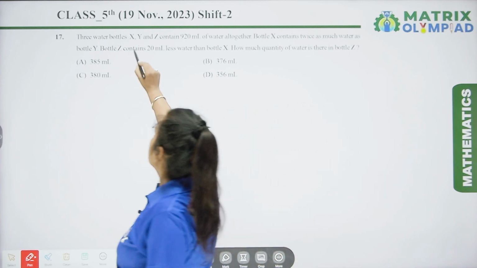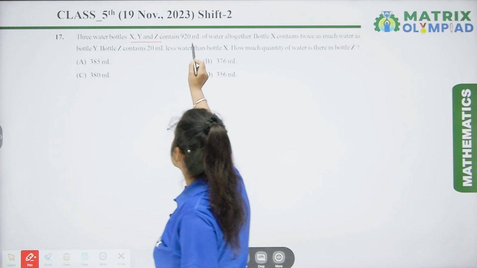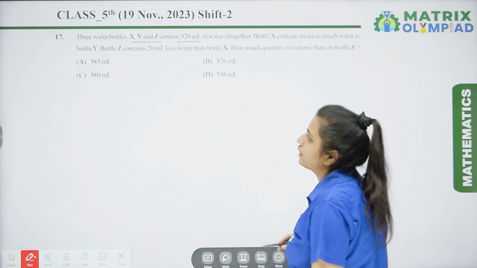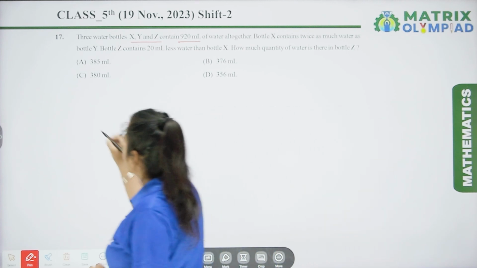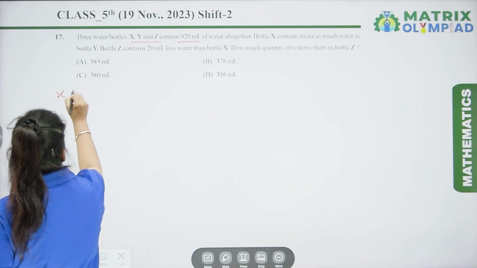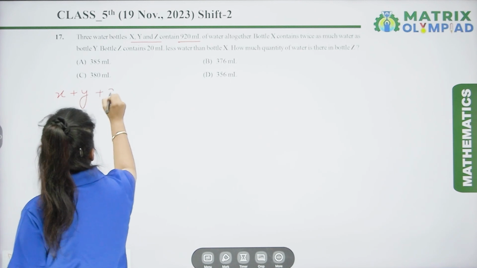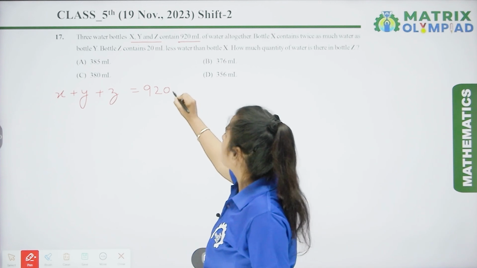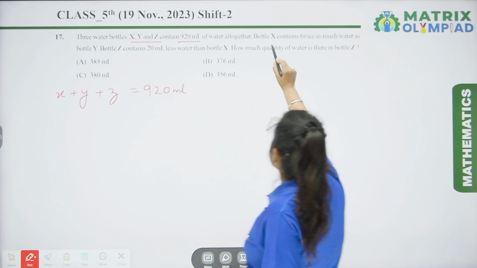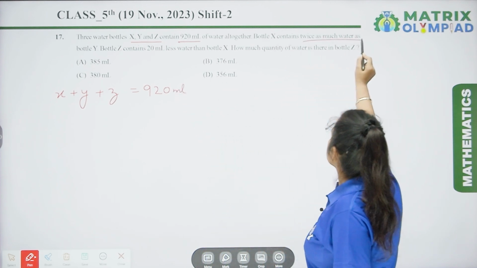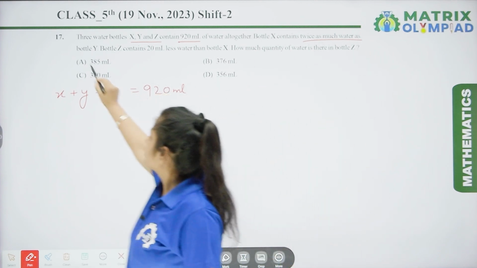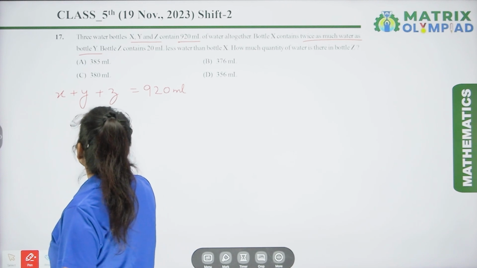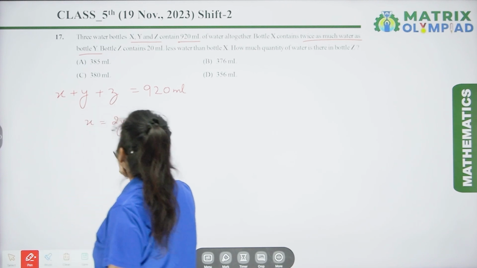3 water bottles X, Y and Z contain 920 ml of water altogether. It means that X plus Y plus Z is equal to 920 ml. Bottle X contains twice as much water as bottle Y. It means X is equal to 2Y.